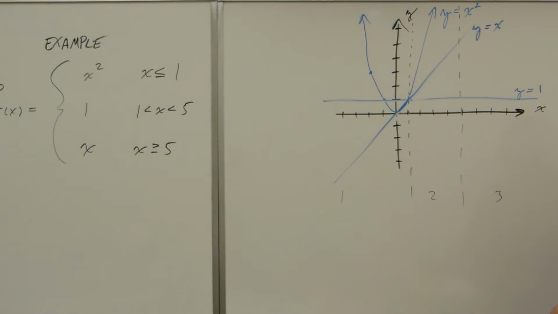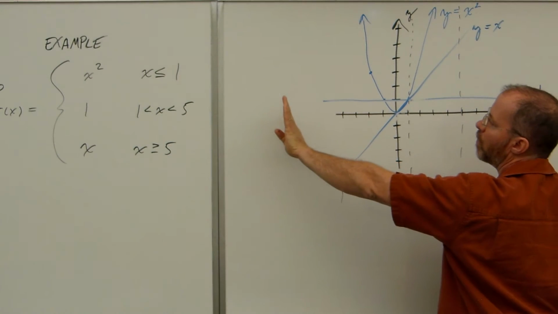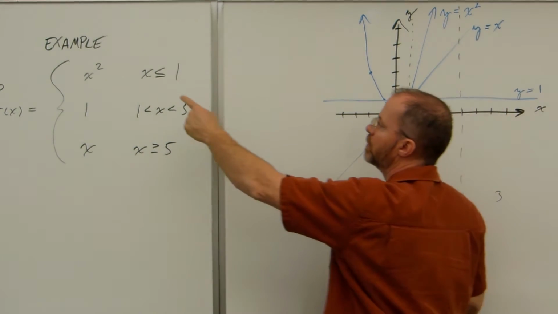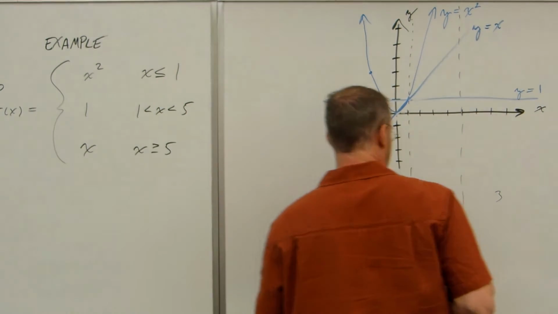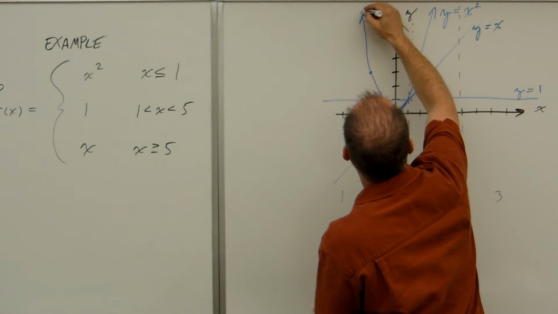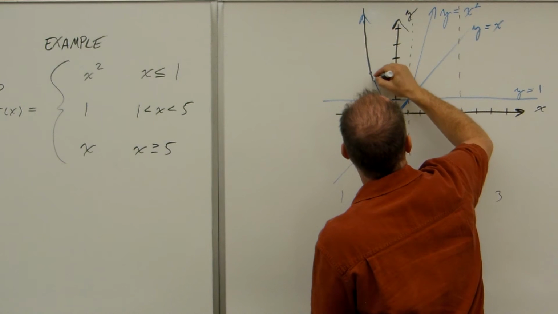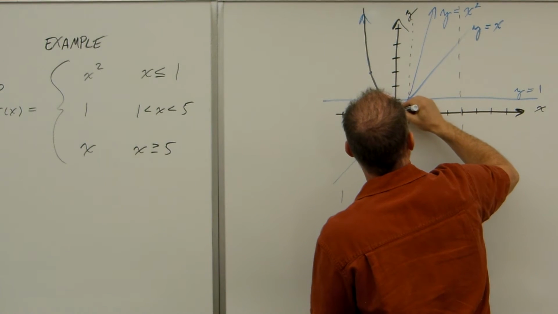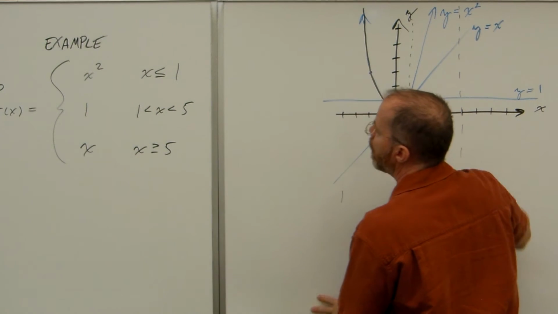So the way my piecewise defined function is going to look is, when I'm over here where x's are less than or equal to 1, I'm going to pay attention to this first formula, x squared, and I'm going to get this parabola. It's going to come along like this, right up until x is equal to 1.